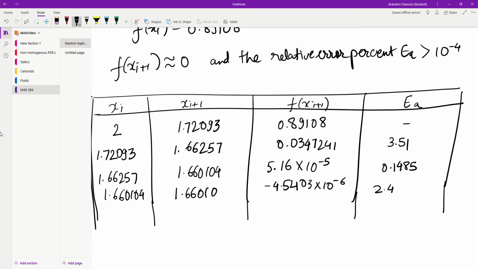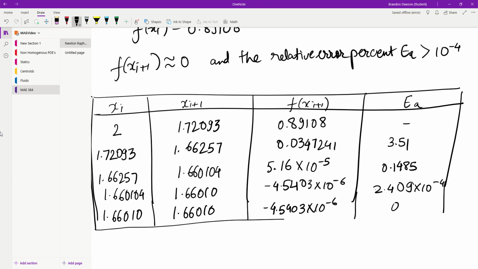We get 2.409 times 10 to the power minus 4, and we get the relative error as 0.